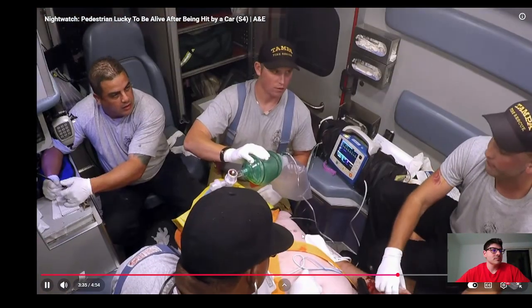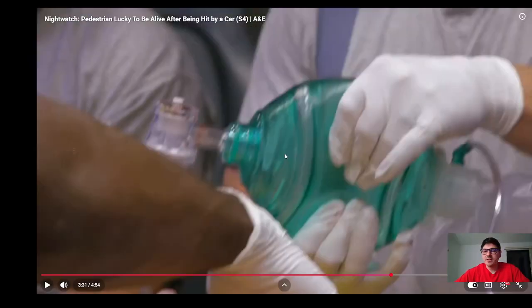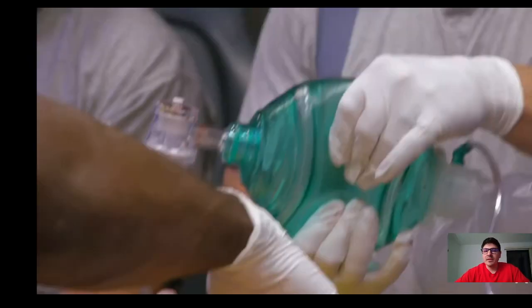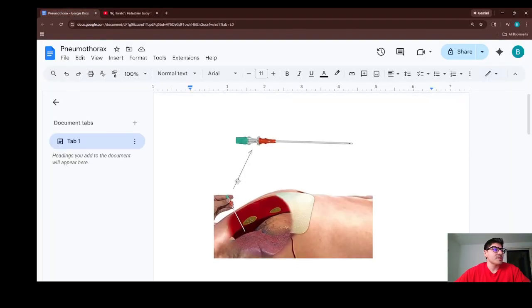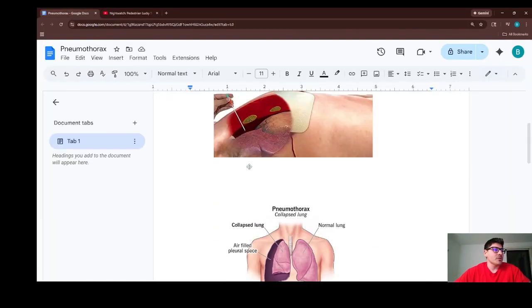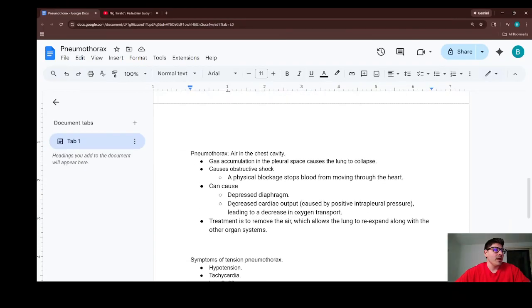Okay. So it sounds like after using that chest dart, they were feeling less resistance, which is an indication that that tension pneumothorax has been relieved. A couple other things I heard them say was that his color's not good. So he's having decreased cardiac output, right?